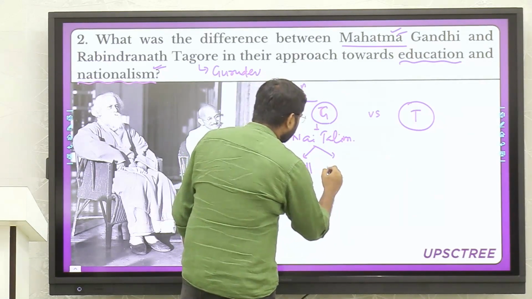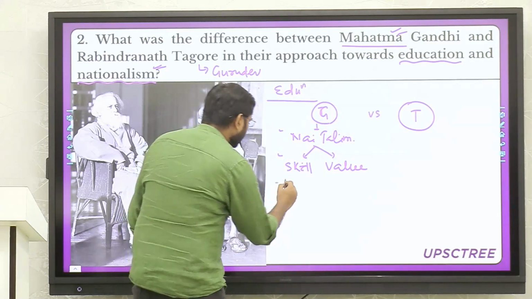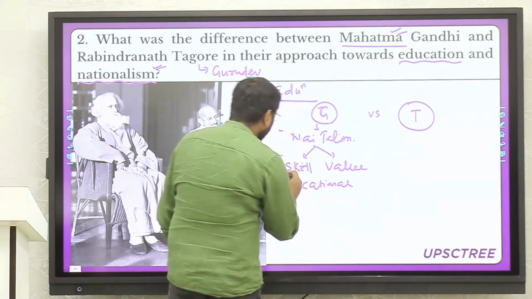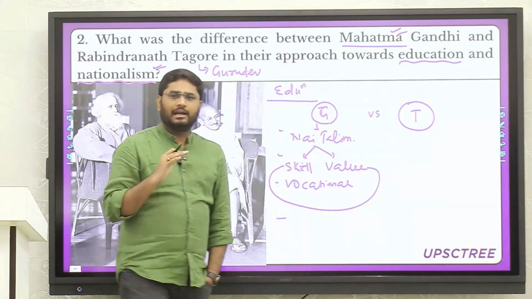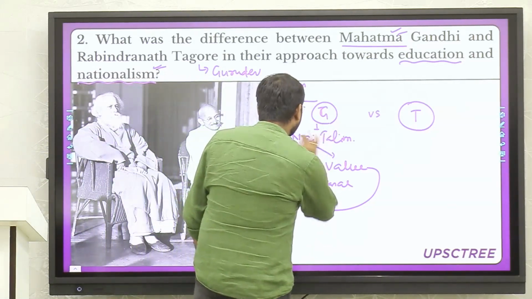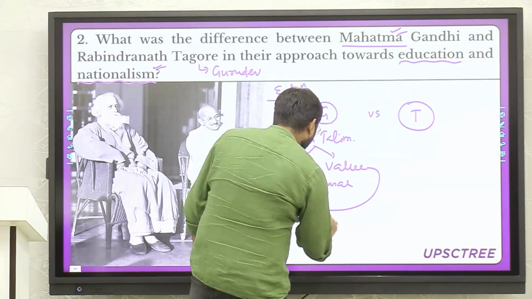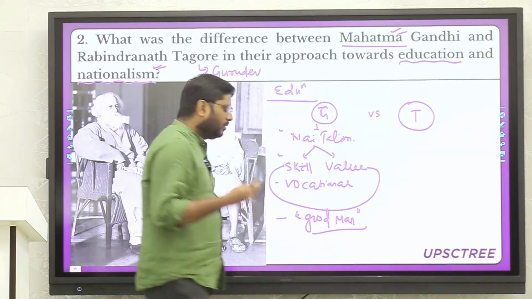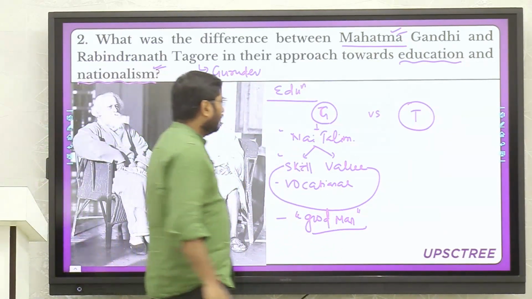So skill based education, as well as value based education. He also focused on vocational training. Gandhi not only wanted to build a skilled man but a wholesome man, a good human being who is a good addition to society, a good citizen.